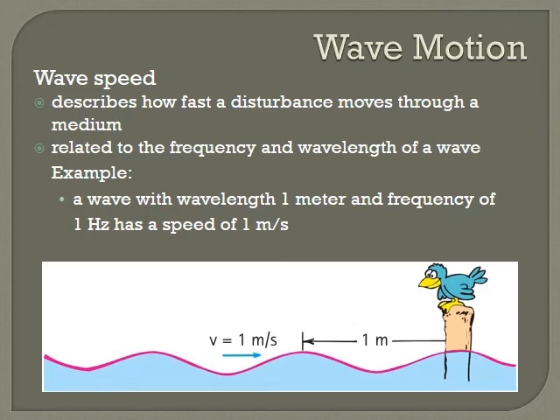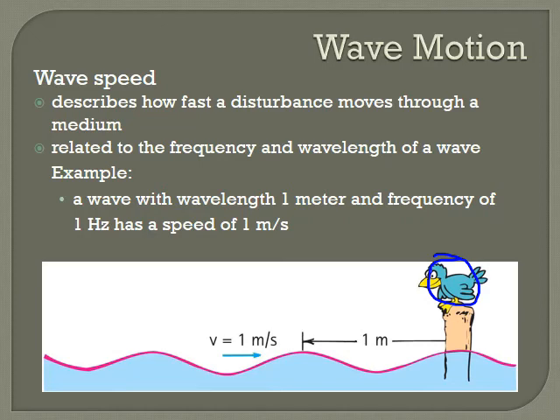Okay, so you're going to come across a mathematical relationship between 3 of these wave characteristics: frequency, wavelength, and wave speed. Imagine you're this bird sitting on this little perch, this little pier out in the ocean, and the waves are lapping along right by your perch, and you're counting the number of wave crests that pass by every second.